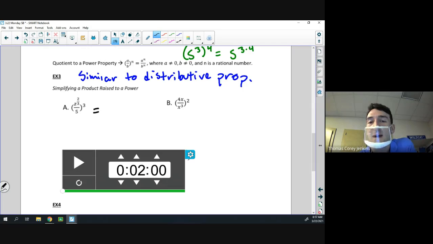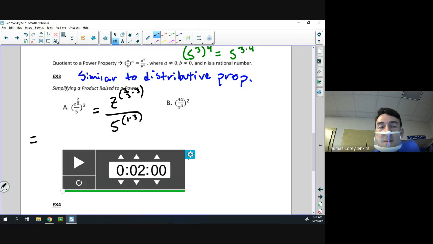Okay. So, looking at A here, we'd have z to the 2/3 times 3 over 5 to the 1 times 3. So that's going to be z squared, because 2/3 times 3 is 2. Z squared over 5 cubed, which is correct, but it's not all the way simplified.